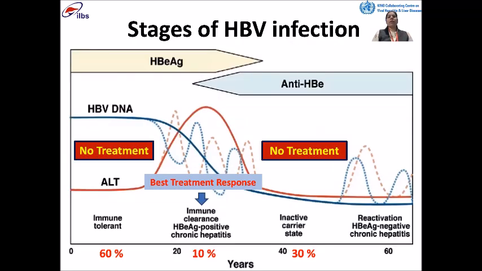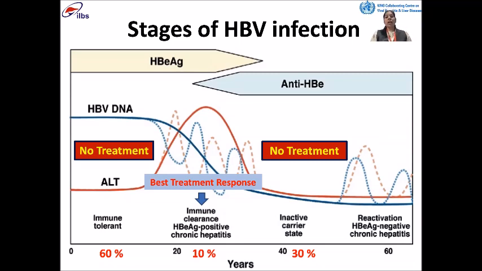And there are various stages of HBV infection. Here we have 4 stages. The main treatment response is in the second stage, that is about 10% of children, the immune clearance, HBeAg positive chronic hepatitis stage, where the best treatment response can be seen.